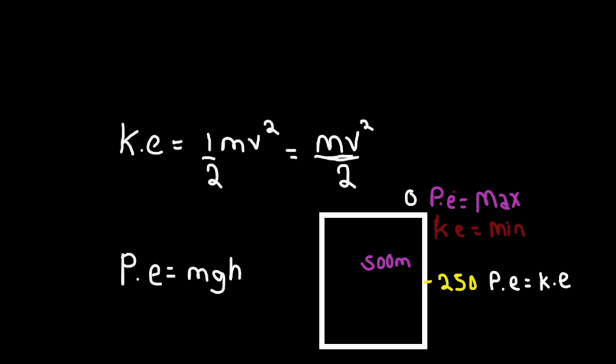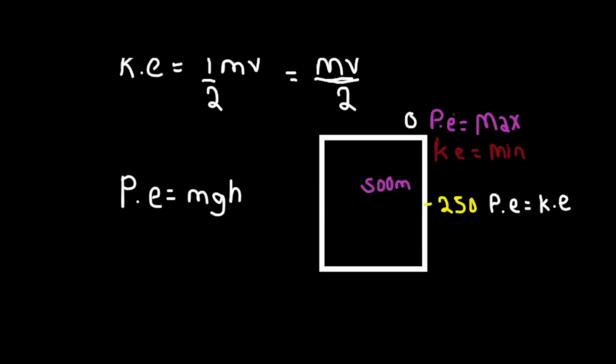So at 250 meters, our potential energy is equal to our kinetic energy. Our mass, gravity and height become equal to our mass and velocity squared over 2.